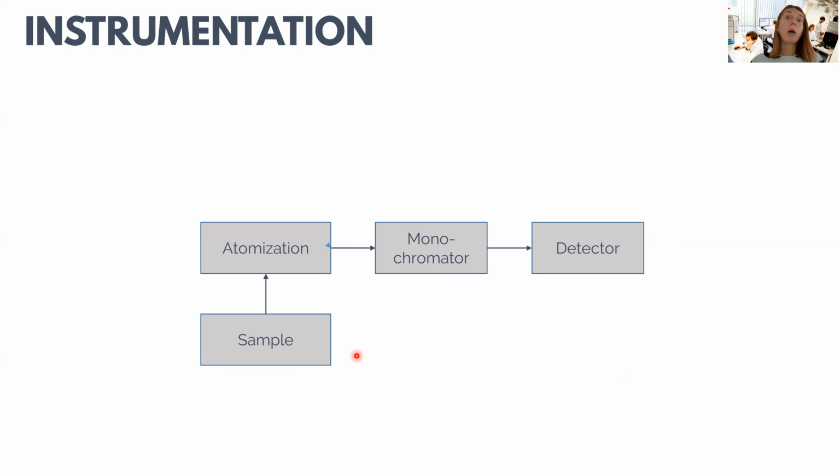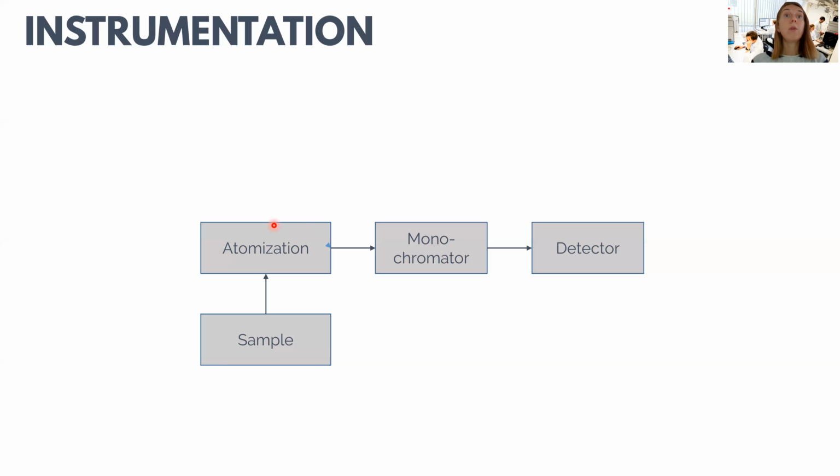The important part is that the sample is introduced to an atomizer, and this atomizer can be of different sorts. The most simple ones are flames. And in the atomizer, we both atomize the atoms as well as excite them to the excited state.